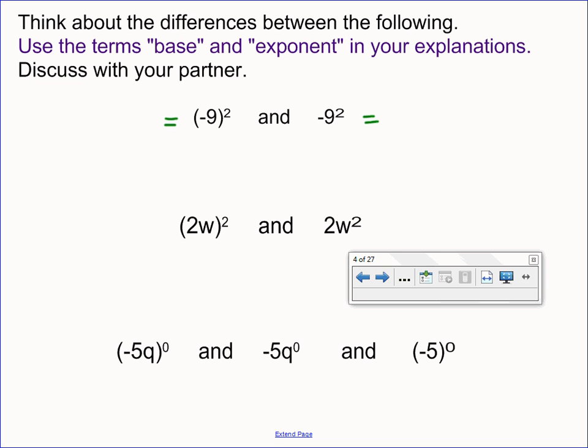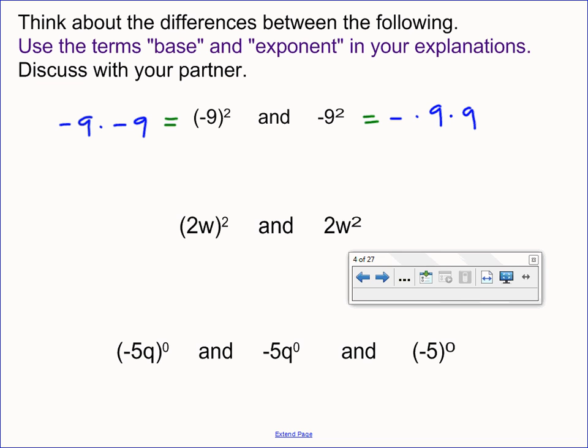How come? In the first one, the base is -9 multiplied by itself 2 times. Remember, the exponent tells us the number of times the base will be multiplied by itself. In the second one, there are no parentheses, and so in the absence of parentheses, the only thing that's raised to the exponent is the factor right next to it. The negative is not squared in that second representation. It would be negative times 9 times 9.